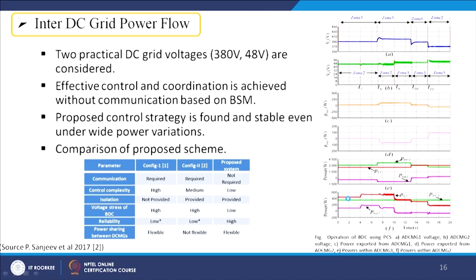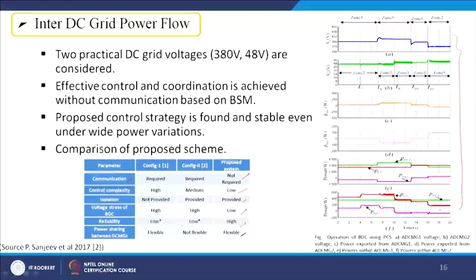Comparing the proposed scheme, the communication is not required, control complexity is very low, isolation is provided, the voltage stress of the BDC is very low, reliability is extremely high, and the power sharing between DC microgrids is flexible, meaning excess power can be brought from DC microgrid 2 to 1, and we can also exchange power from microgrid 1 to microgrid 2.